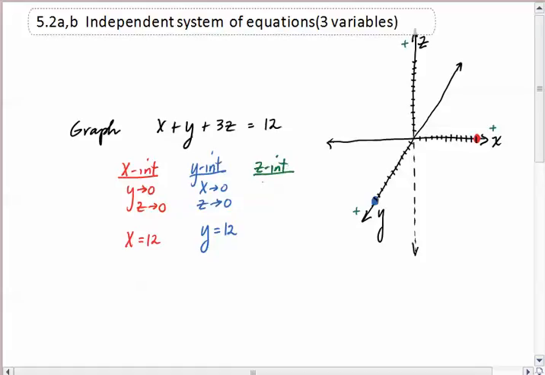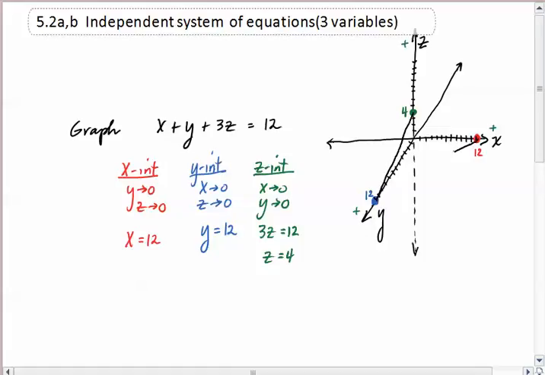That's where we make the x and the y a 0, and we see what happens. So we have 3z is equal to 12, and z is 4. So my dot is going to go on the z at positive 4, and that's right here. So that's 4, and this is 12, and this is 12.